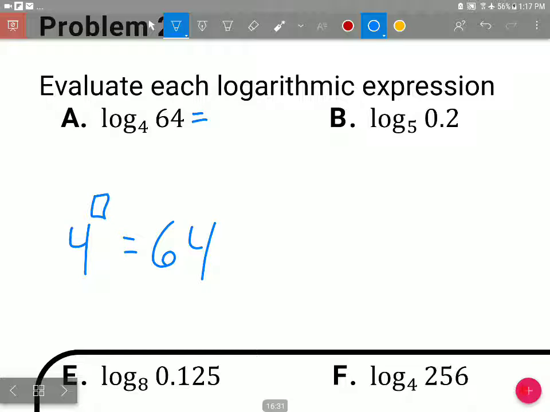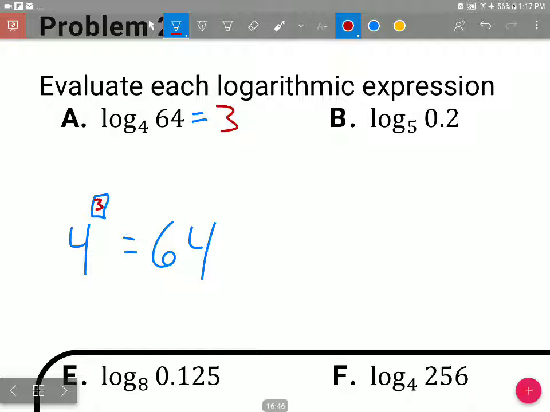So 4 to the third power is 64. Therefore, the log base 4 of 64 must equal 3. You have to think backwards about it a little bit.